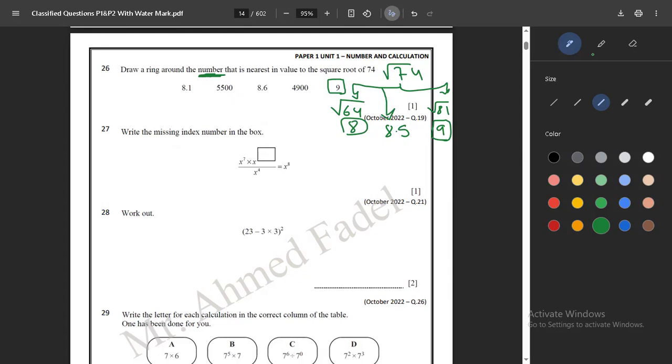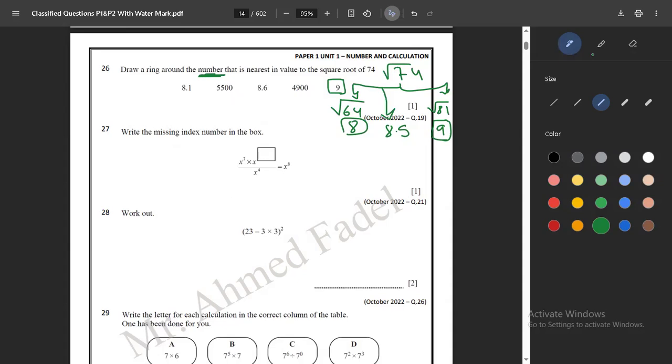It is closer to 8.5, which is almost halfway between root of 64 and root of 81. If you noticed, the difference between this and 81 is 7, and the difference between this and 64 is around 10. So it is a little bit more than the half.